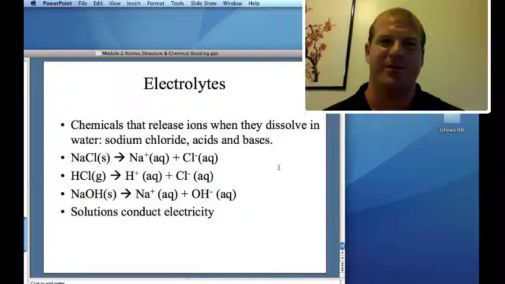It means they have sodium or potassium salts, more often sodium salts, because the sports drink can now conduct electricity, and you need electrolytes in your bloodstream. So these types of solutions, sodium chloride, hydrochloric acid, and sodium hydroxide, break apart, and then now they conduct electricity. Pure water does not conduct electricity very well. So you have to add something to it to make it conduct electricity.